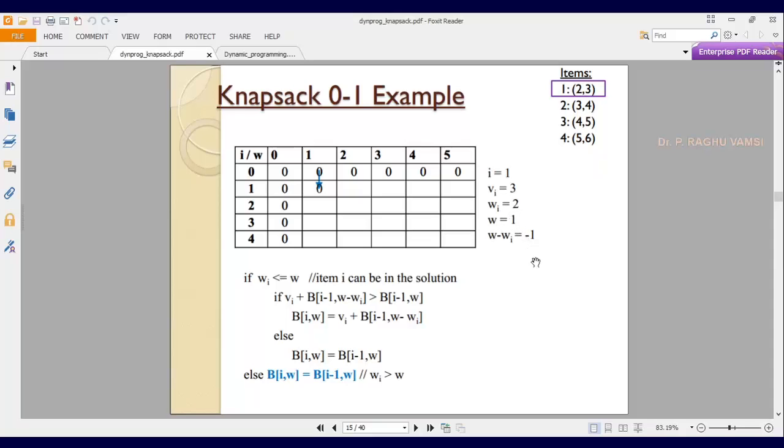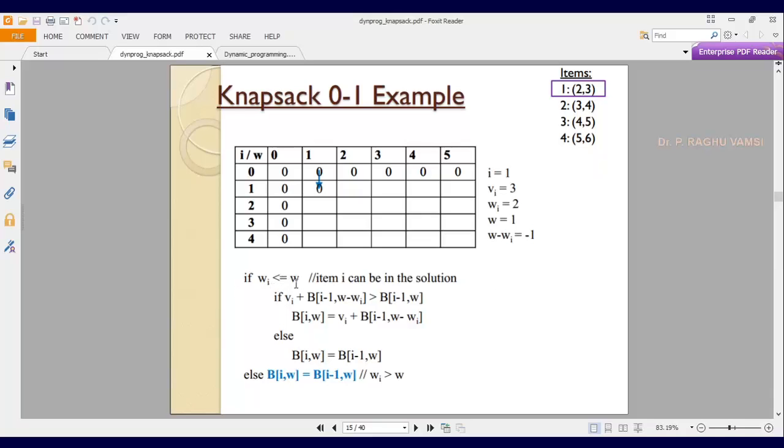Here w is equal to 1 means weight 1, because the maximum weight to be achieved is 5. So currently at weight 1 we are going to consider. So w minus wi is equal to minus 1, because 1 minus 2 is equal to minus 1.